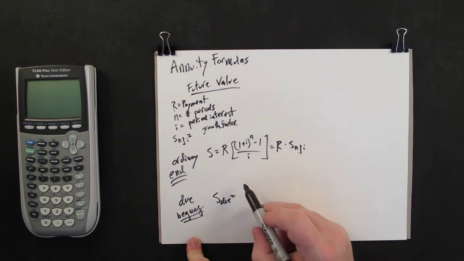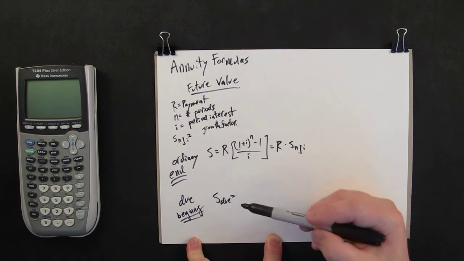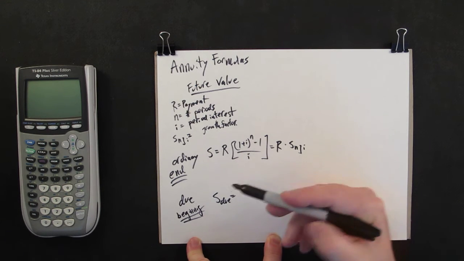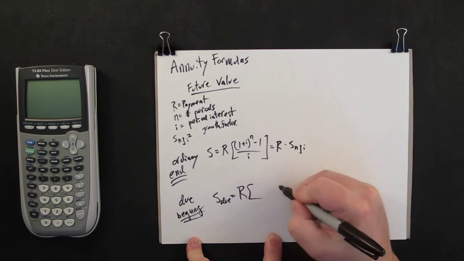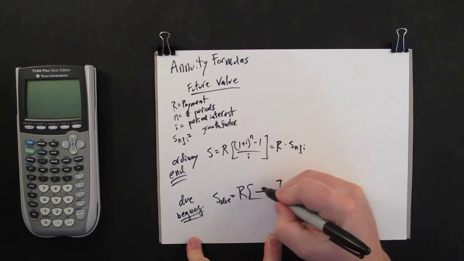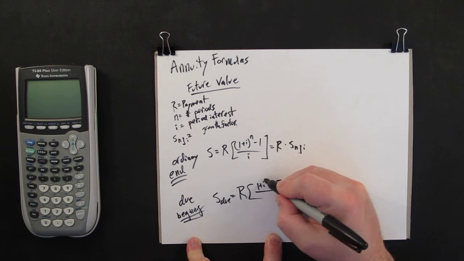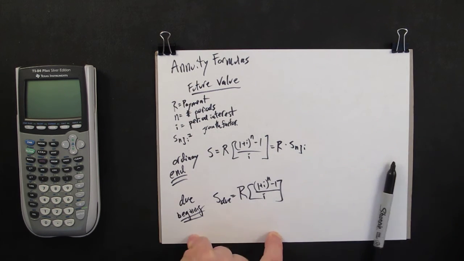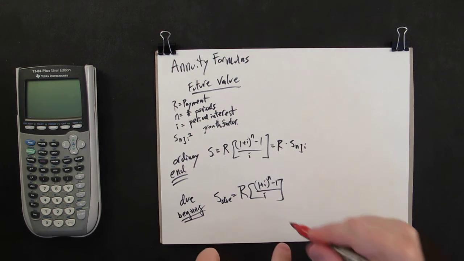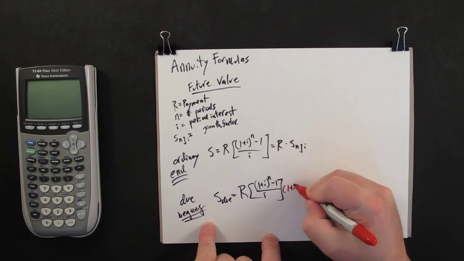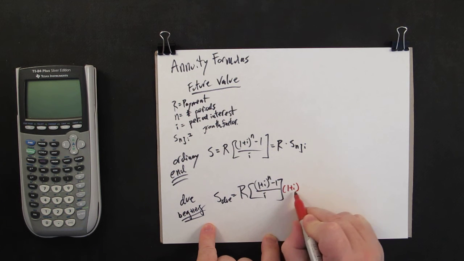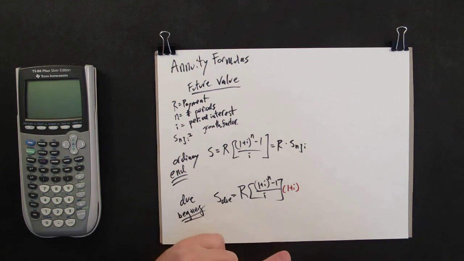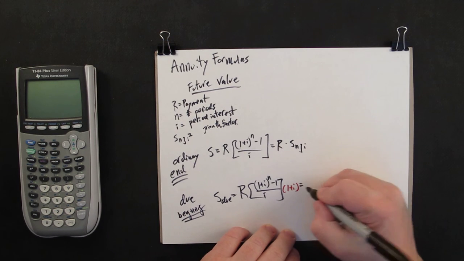So this is going to be very similar, but what happens is because the payments are made at the beginning, they earn an extra amount of interest. So we have this growth factor that's the same as for the ordinary annuity. But what's different is that because we have this extra growth here, we have a factor of 1 plus the period interest rate, because it has an extra compounding.